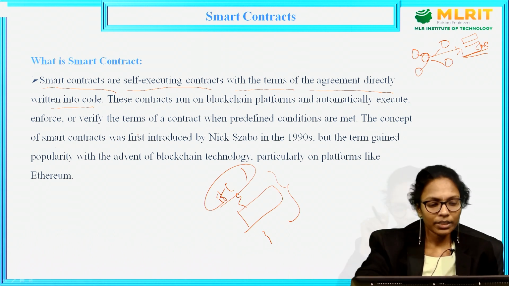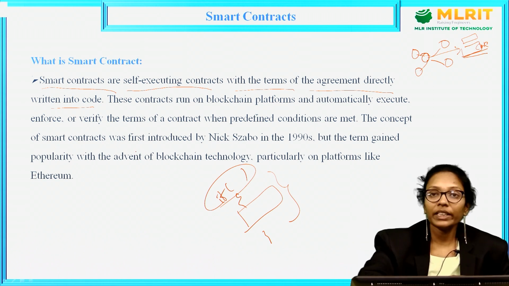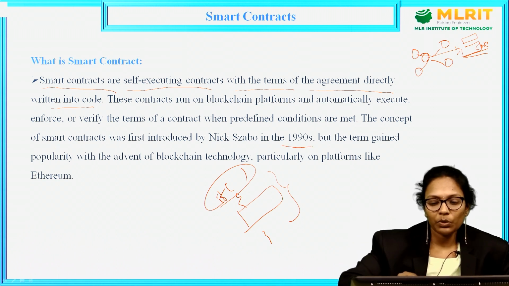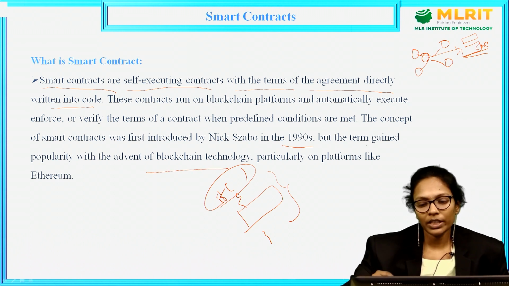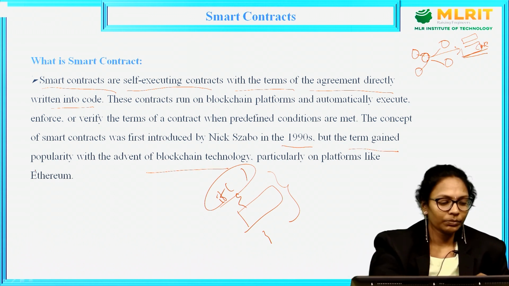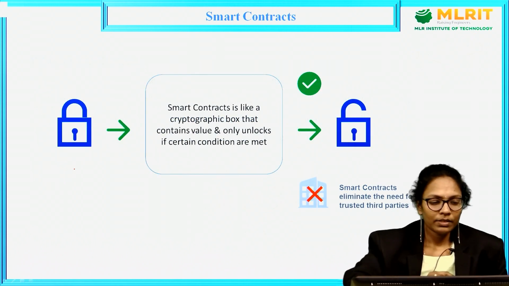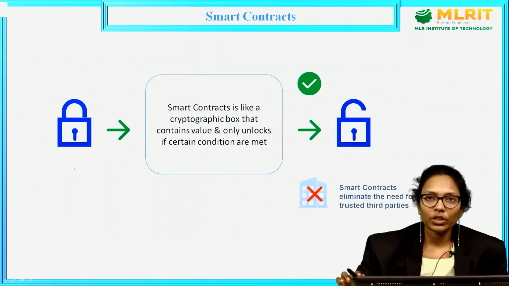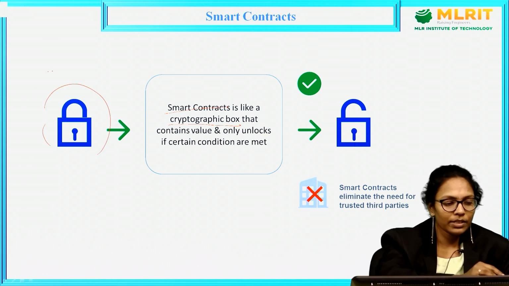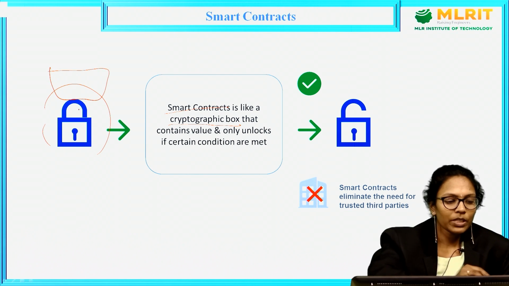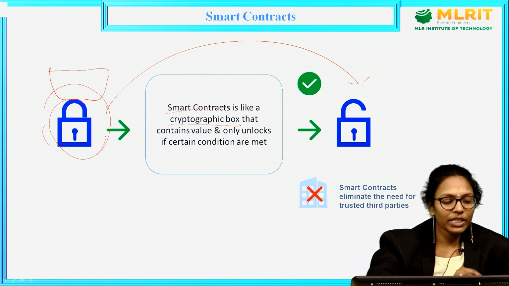The term smart contract was introduced in the 90s, but after the introduction of blockchain technology, the term gained most of its popularity. This is the diagrammatic representation of a smart contract. A smart contract is nothing but a cryptographic box. For this box we have a lock.